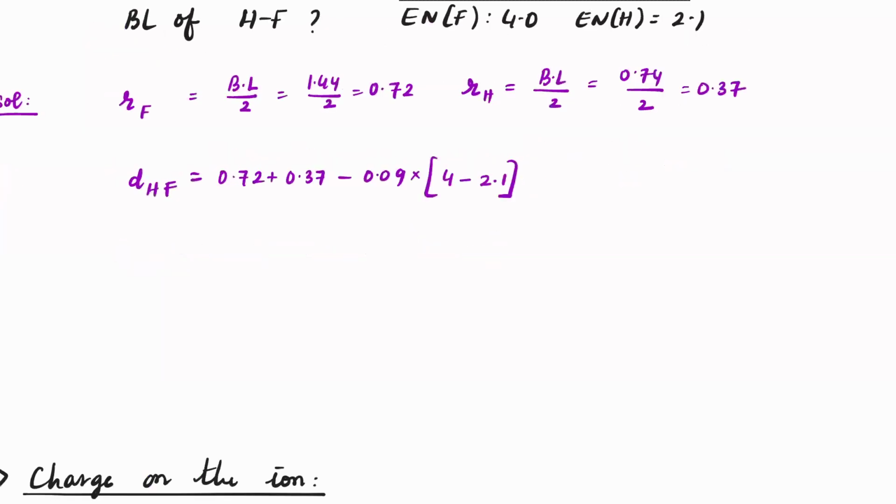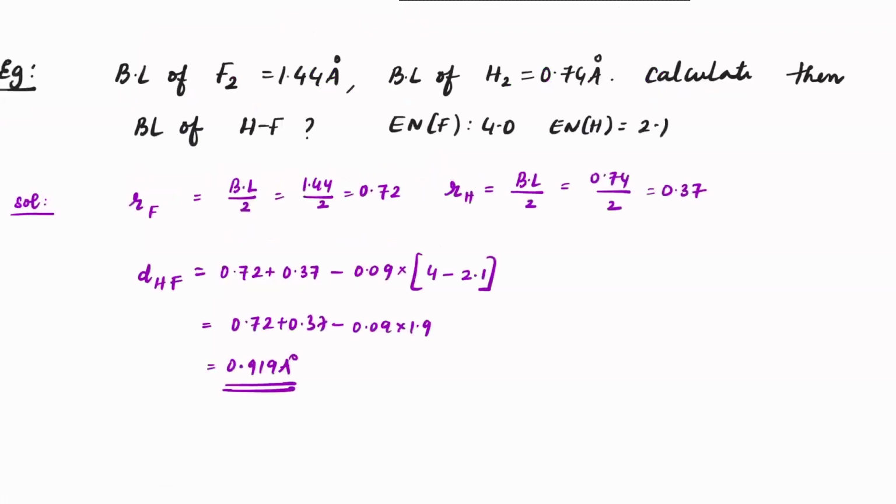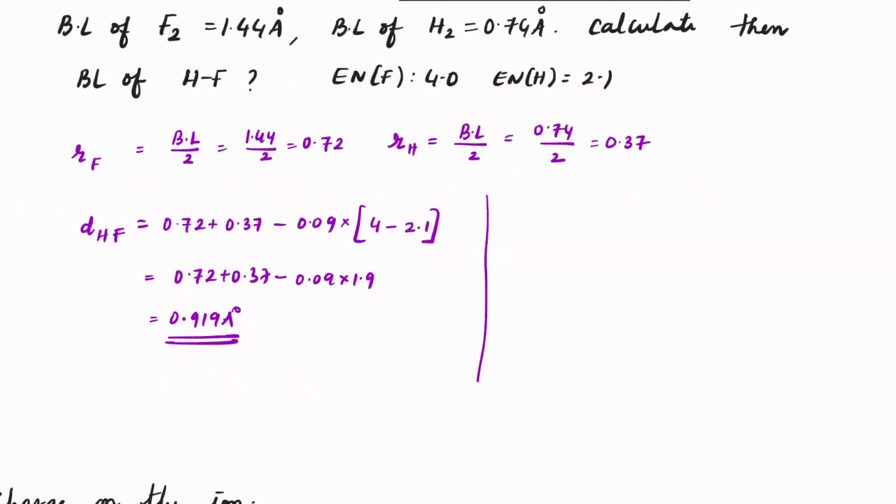So I'm getting this as 0.72 plus 0.37 minus 0.09 into 1.9. Solving it, I'm getting 0.919 Angstrom. Now, if you simply add the values of RF plus RH, how much are we getting here?